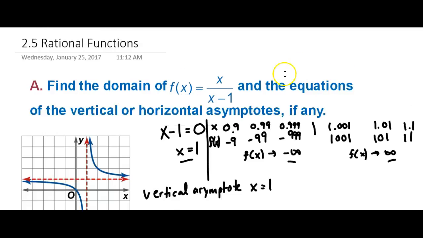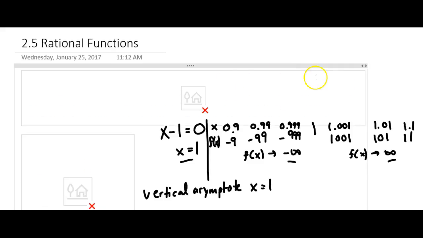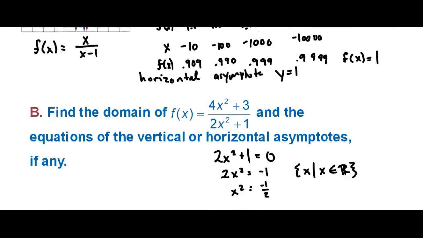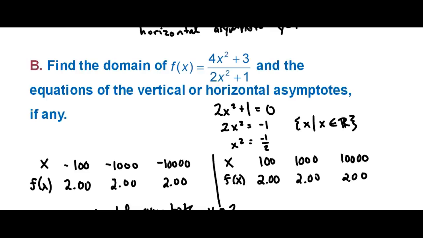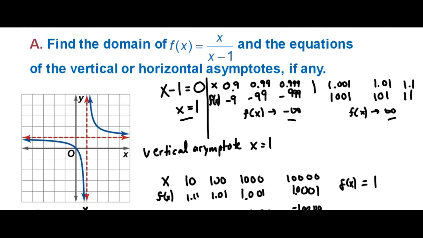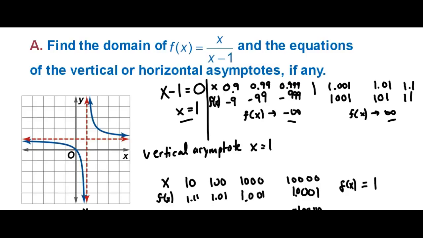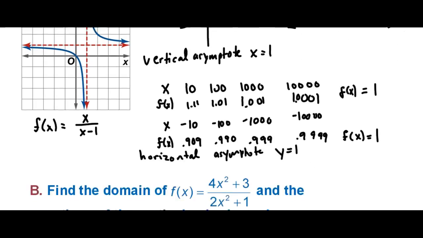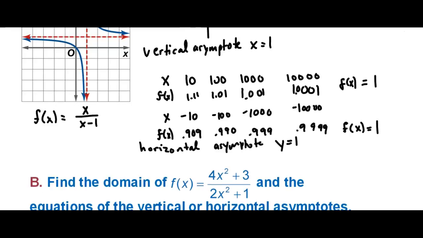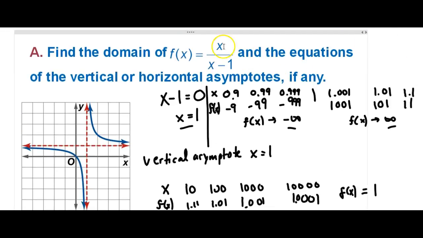We had the function x over x minus 1, and we also had the function 4x squared over 2x squared. Notice the degrees on the top and bottom are equal. In the first example, the horizontal asymptote ended up being at 1, because the fraction of the two coefficients, 1 over 1, is 1.